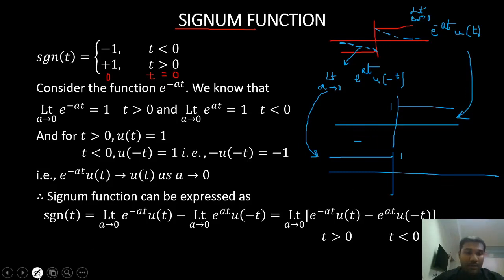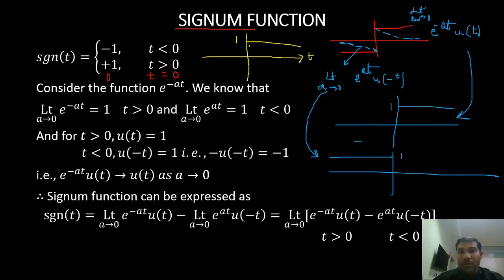I'll draw it in a different color here. On the positive time axis, in the first signal it is 1. In the second signal, on the positive side, it is 0. So 1 minus 0 is 1, right?